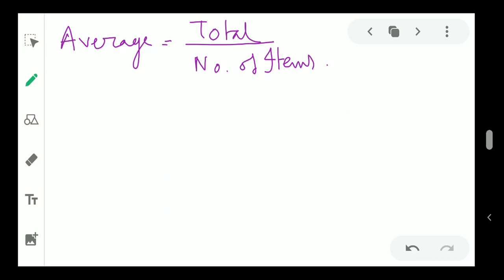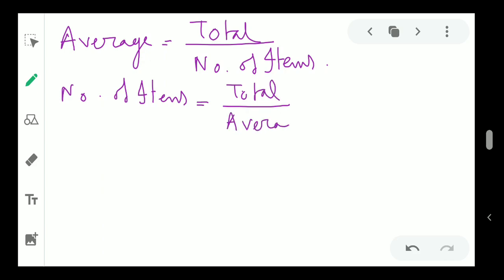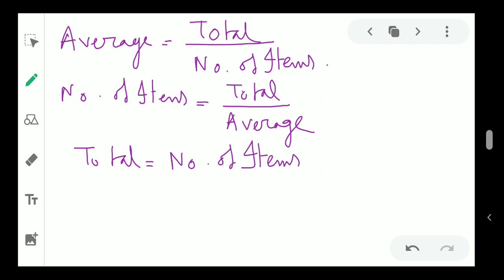Secondly, number of items, I'm pulling it upside, so number of items is total by average. And also the two things, if I pull them upside, I can write total is number of items plus average.